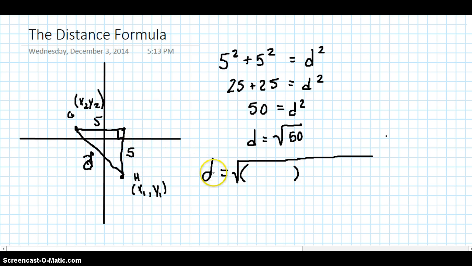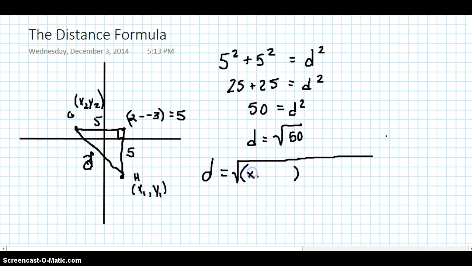Well, this horizontal distance was really just if I take x1, which was 2, minus x2, which was -3, because that's going to give me 5, that distance I found.